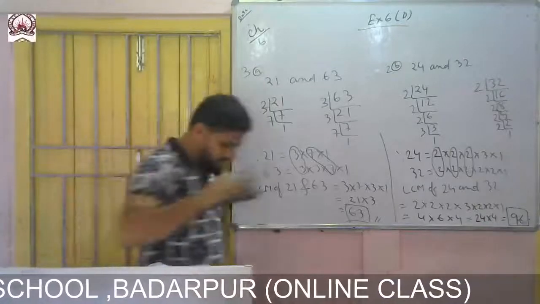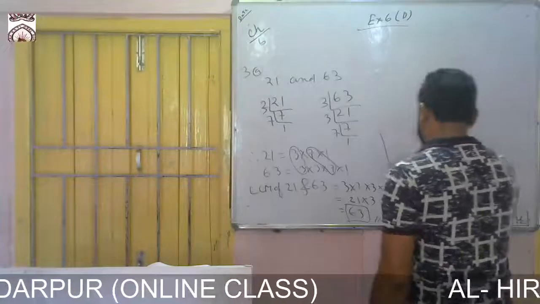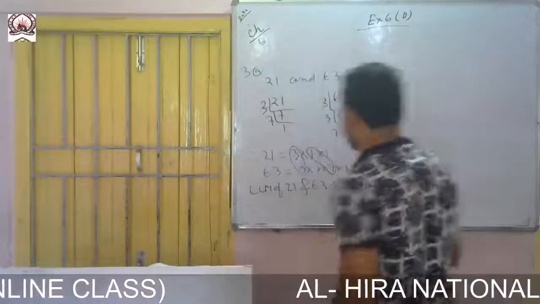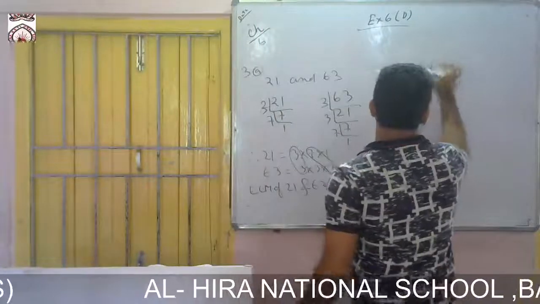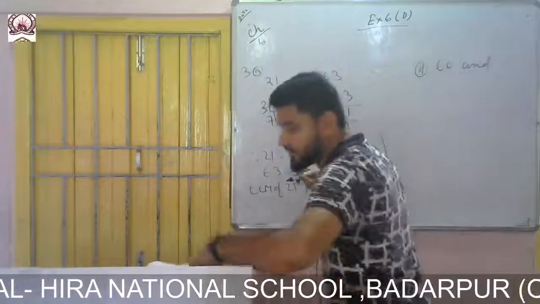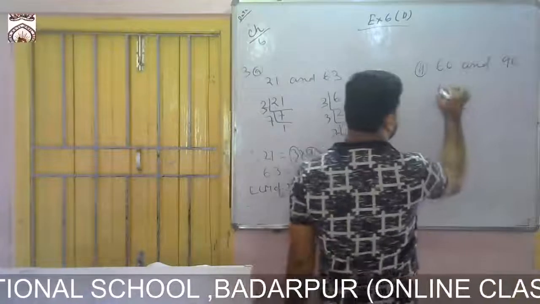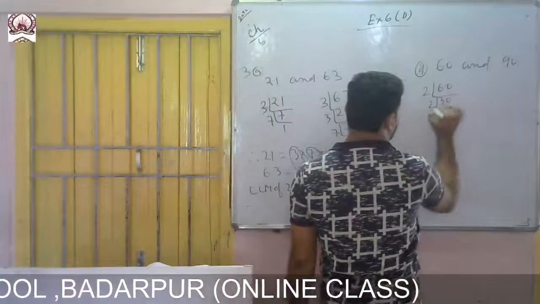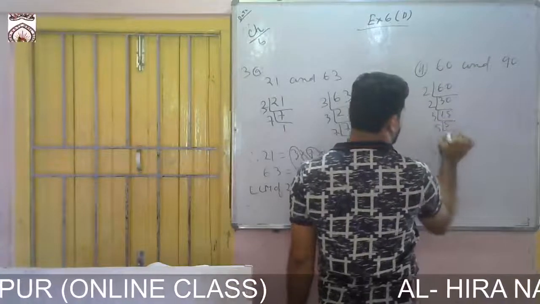Now come to D. 3D. These all are in the same process. For that I am solving 60 and 90. 60: 2 30s are 60, 2 15s are 30, 3 5s are 15, 5 1s are 5.